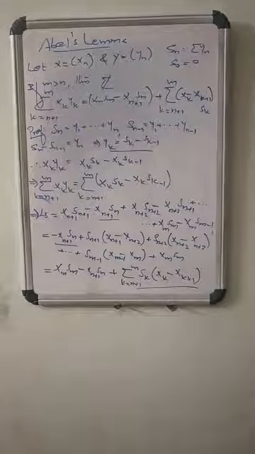Okay, this is Abel's lemma, that is the partial summation formula. Clear? Right.